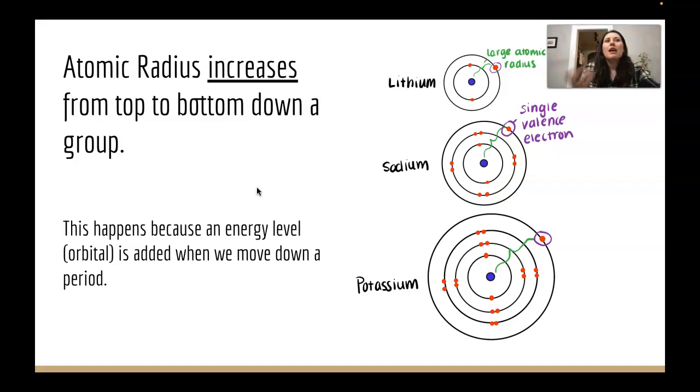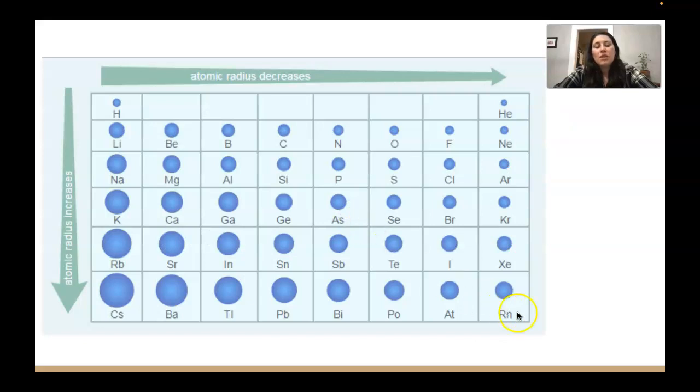And then they're also just held on less tightly by the positively charged nucleus because of all those other electrons that are in between. So potassium here is much larger than lithium. If you want to visualize this across the whole periodic table, here's a little snapshot. You can see helium is the smallest element in this view, and cesium is the largest element.